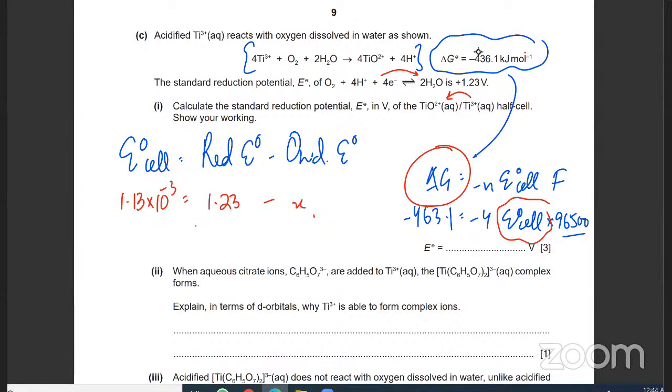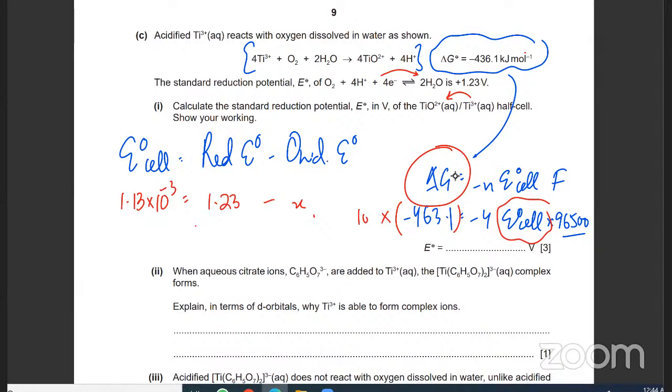That's fine, there's no issue there. The delta G is going to be taken in joules. That is what the marking scheme is saying. Okay, the delta G has to be taken in joules. So do we multiply by 1000 or divide by 1000?